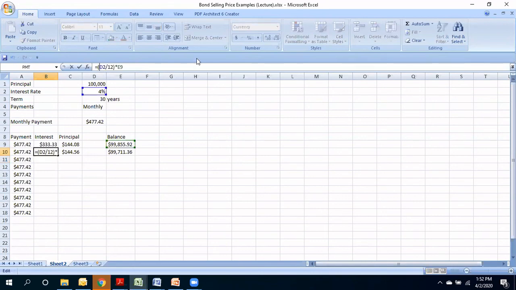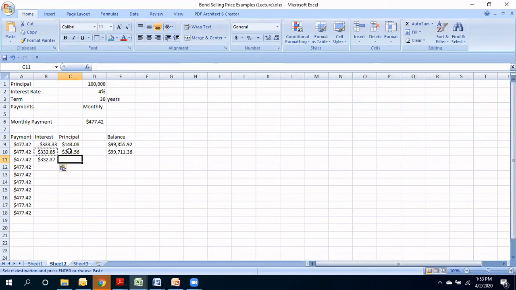So I'm going to lock my interest rate, but apply that to the remaining balance, so I want that to carry forward. Now when I copy this down, let me make sure that it took that on E10, which it did.